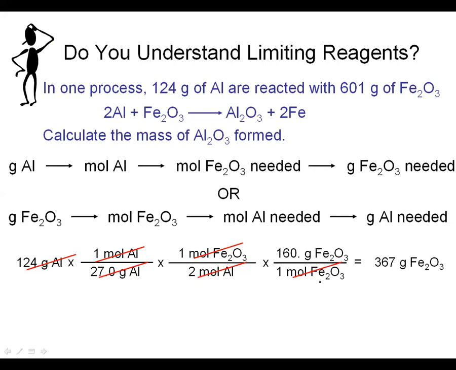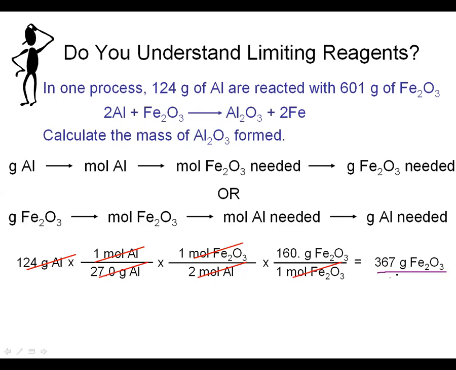So in this particular case, what they did is they took 124 grams of aluminum and converted it into moles. Then what they essentially figured out was how many grams of iron(III) oxide they would need to use up all of the aluminum.